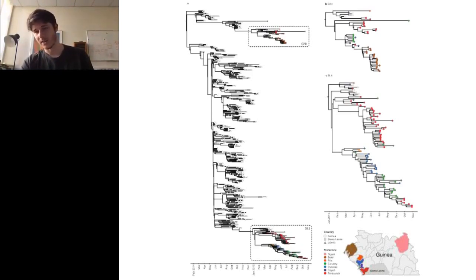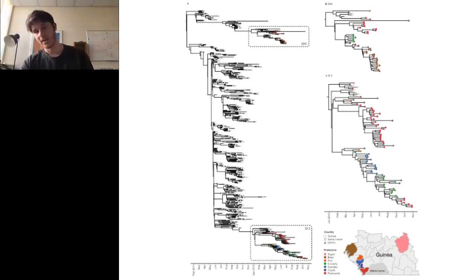So you can see that the virus was moving from one prefecture to the next, to the next, to the next, and that's driven by movement of people, infected people that are transmitting the virus from one geographic location to the next.